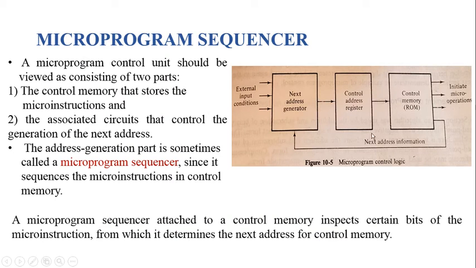That means the control address register associated with this control memory currently holds the address of a particular micro instruction which is currently executing. So in the increment method, in order to get the address of the next micro instruction to be executed, we just increment the current value of the control address register content by 1.